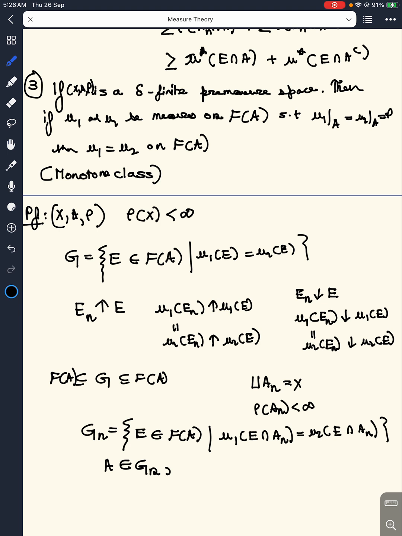Continuity from above will work because the A_n's have finite measure. So all this G_n, with the exact same logic as before, is equal to F of A.